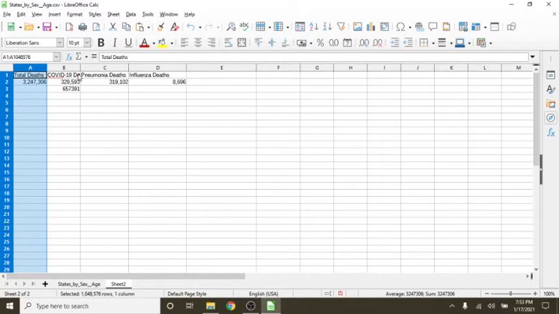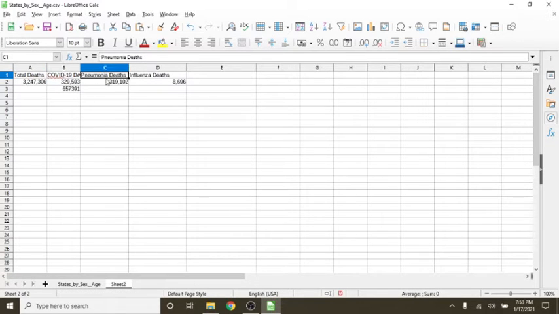Total COVID-19, pneumonia deaths, influenza deaths. B2, C2. So, these three things only accounted for 657,000 deaths. Okay?